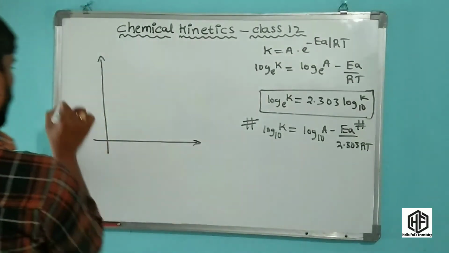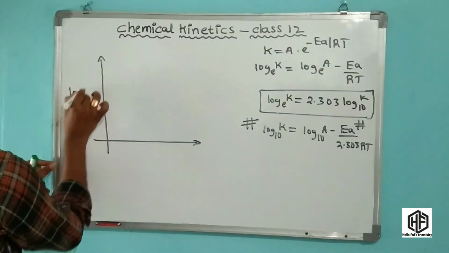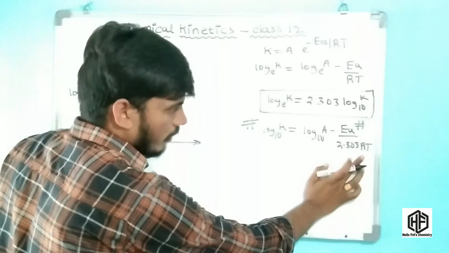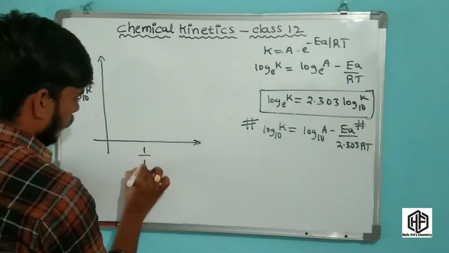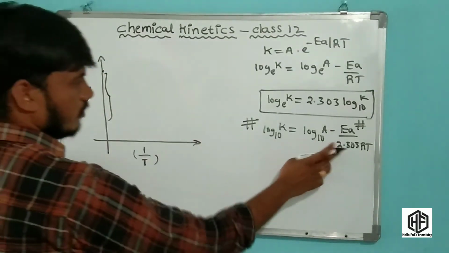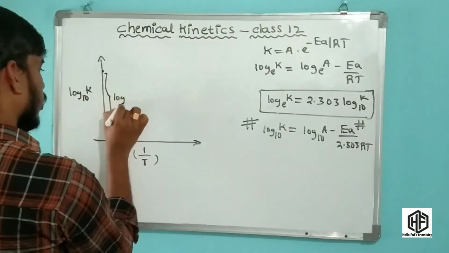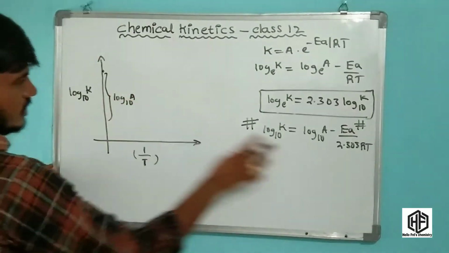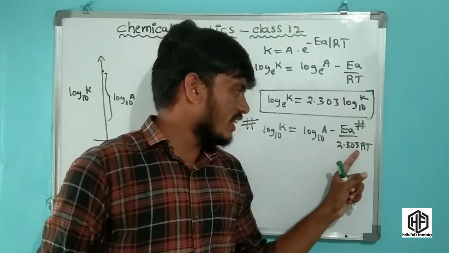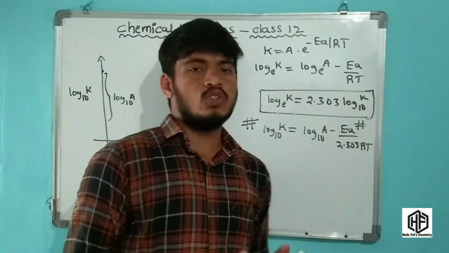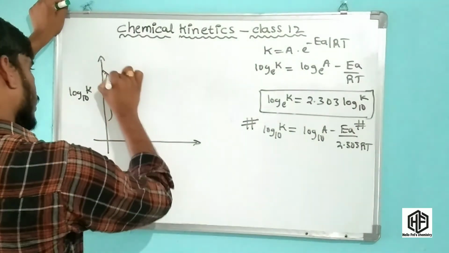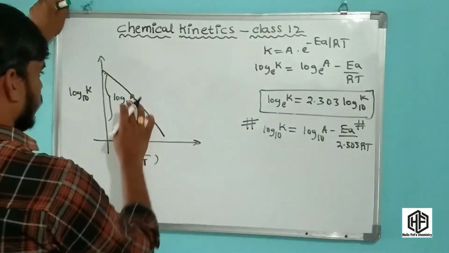On the y-axis I represent log k, and on the x-axis I represent 1/T. Now the y-intercept value is log A. Now a negative slope is present there because of the -Ea/(2.303 R). This is the negative slope. Now the negative slope of this equation, the straight line, decreases. It means like this.